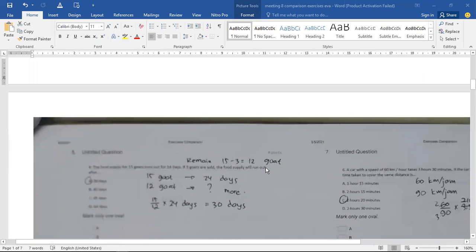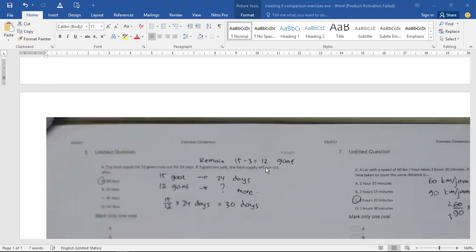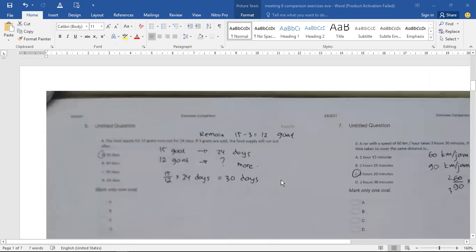Next, I will move to number 4. Food supply for 15 cows runs out for 24 days. And then if 3 cows are sold, it means the cows in the cage remain 15 minus 3, which is only 12 cows.